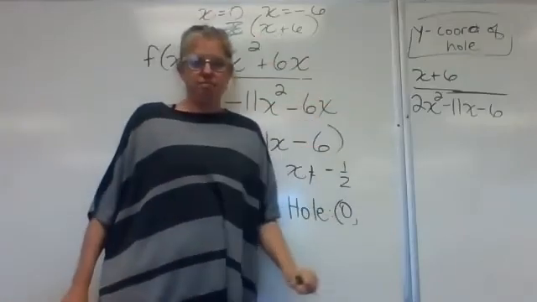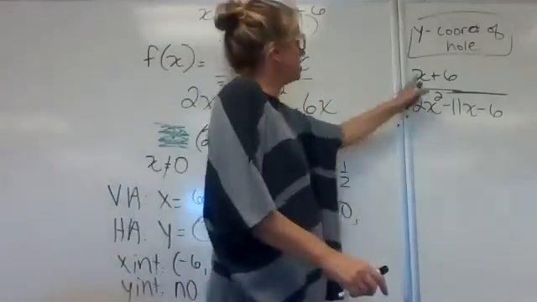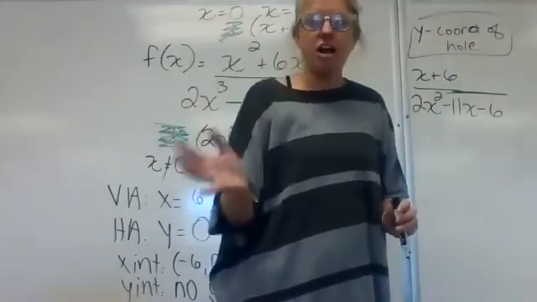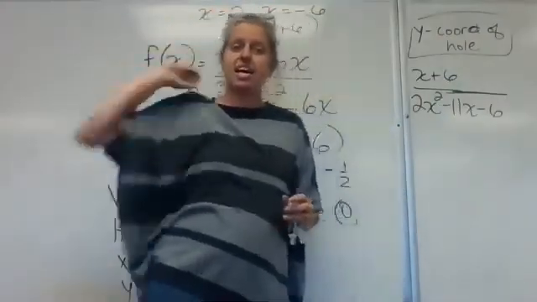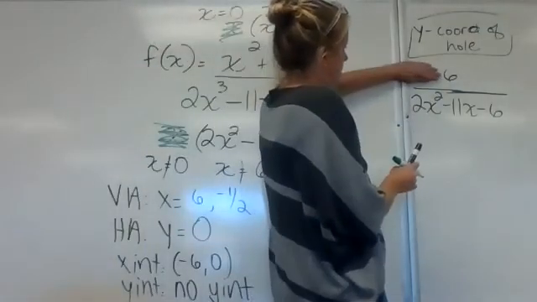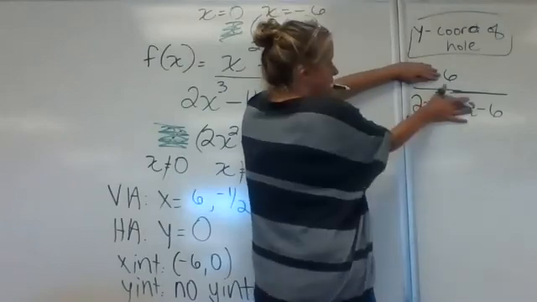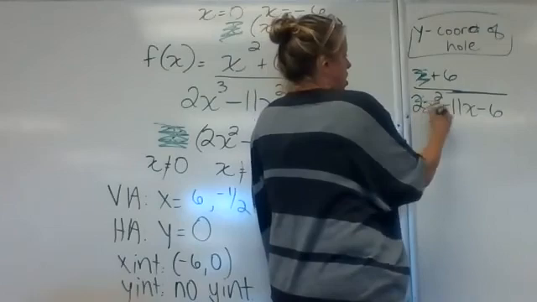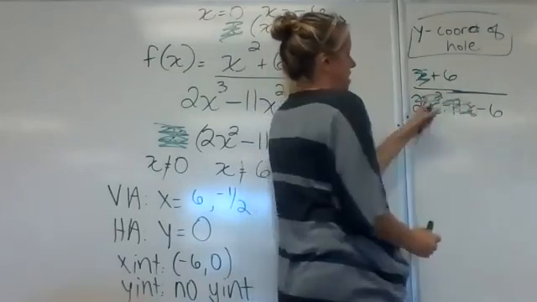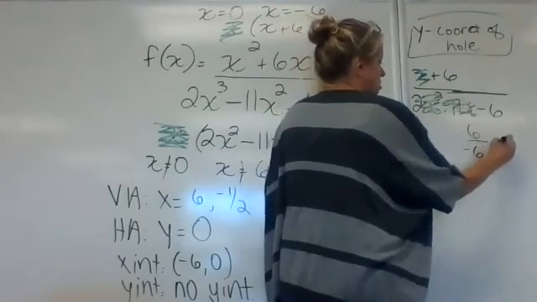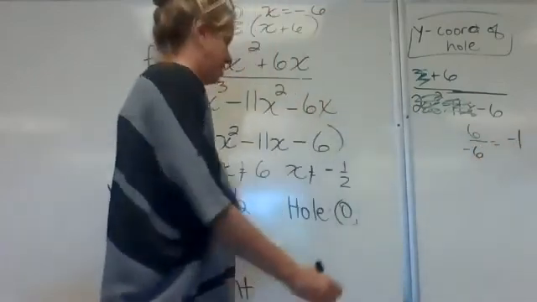The y-coordinate is what is left here after you take out all the terms with x's again. So if you replace all those x's with zeros, it would knock this out and those out. So what would be left if all the terms that had x's disappeared? 6 over -6, which is -1.